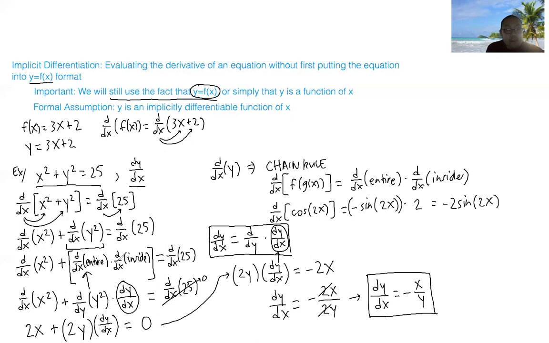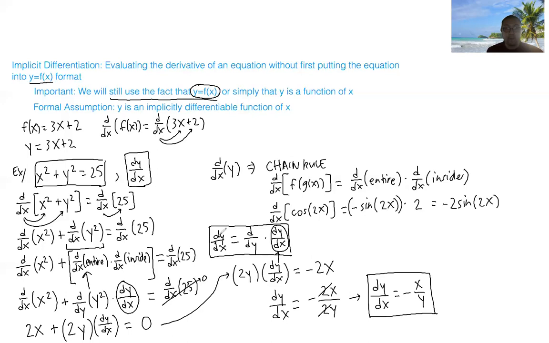We said that when we are trying to calculate dy over dx, because that's what we're trying to find, based on this equation, you're going to remember that dy over dx can also be rewritten as the derivative with respect to y of your y term multiplied by dy over dx, the term that you were looking for.